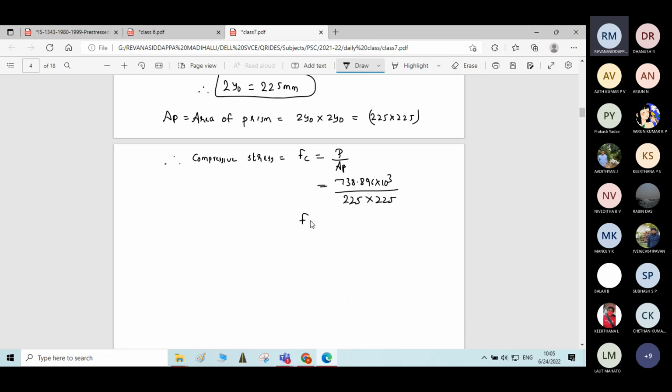By this you'll get the compressive stress value as 14.59 Newton per mm square.